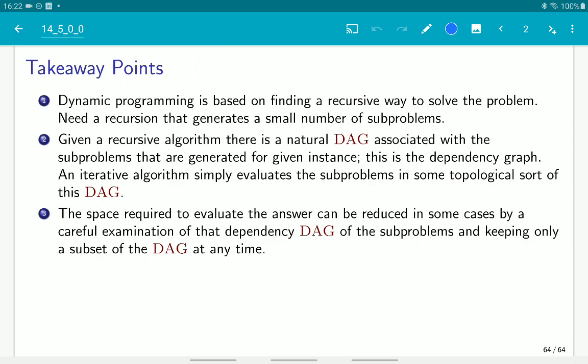And the connection is essentially that when you have a dynamic program, we have a table that we want to fill. We have values we want to compute. If you want to think about it as a recursive function, we have distinct calls to the recursive function. And we can build a dependency graph where we say that a distinct call depends on some other distinct call if we need to compute this other value before we can compute this value, right?